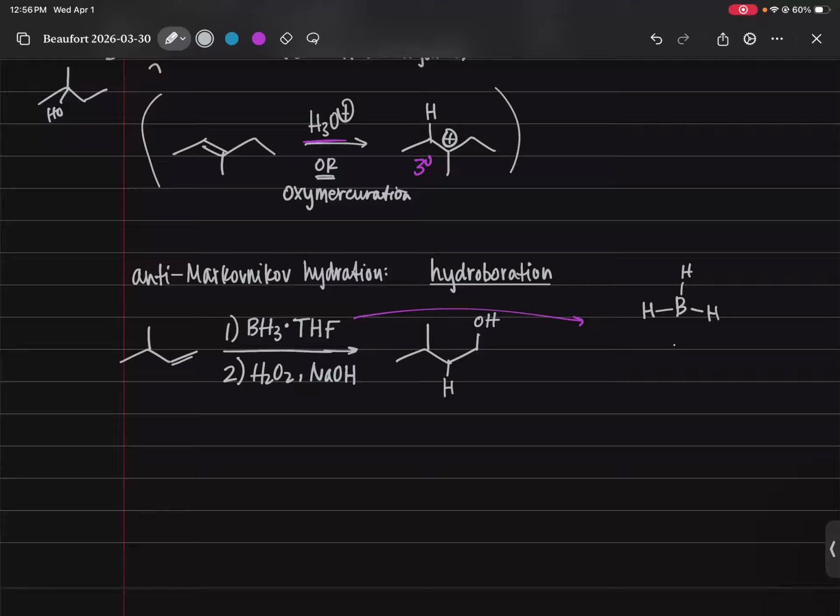What you have to do is get it as a solution dissolved in THF, which is tetrahydrofuran, an oxygen in a five-membered ring.